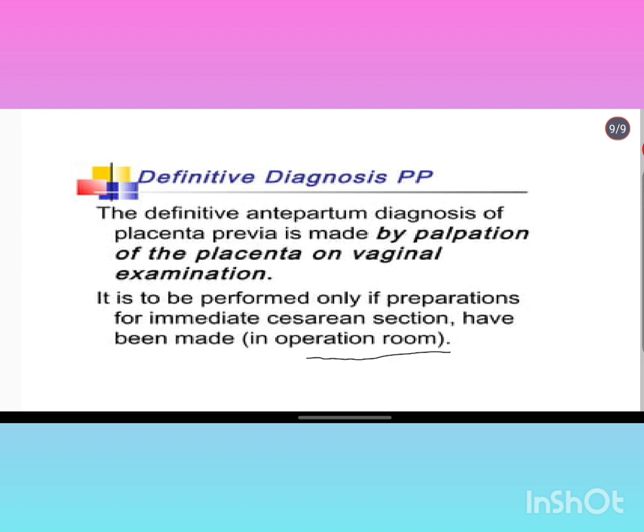If the bleeding is very severe or labor pain starts, we should be ready for an immediate cesarean section. That is why this palpation is usually done in the operation room.